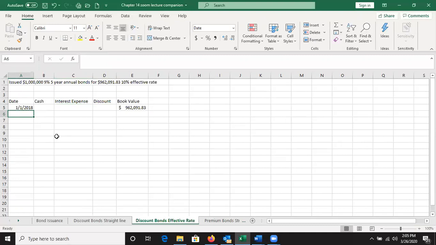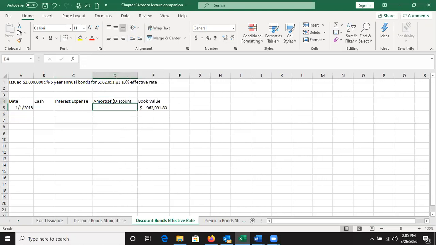So how do you do the effective rate? We're still dealing with 5 years. So once every year when we pay interest, we amortize the discount. Okay. So I would actually change this to amortized discount. This is going to be the amount that we amortize the discount every time we pay interest.